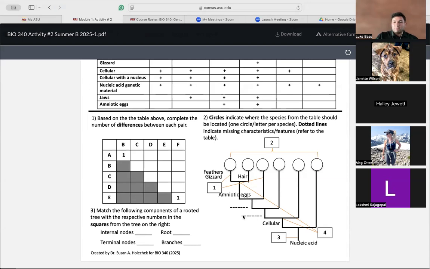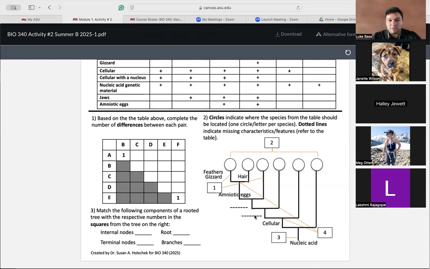So, for example, one of these is cellular. And so you'll notice that the difference between all of these five organisms and this one is that this one is not cellular while the rest of them are. So you should be able to get that from the table. And then you'll just distinguish the differences between all of these four species on the left and then these two species on the right with this little dotted line here.